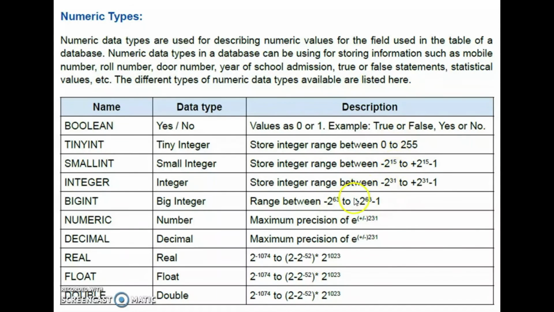Just check these all ranges. The numeric, number. Decimal, decimal values. Real, real values. Float, float values. Double, double values. Okay. These all types of numeric values we can store in a database.